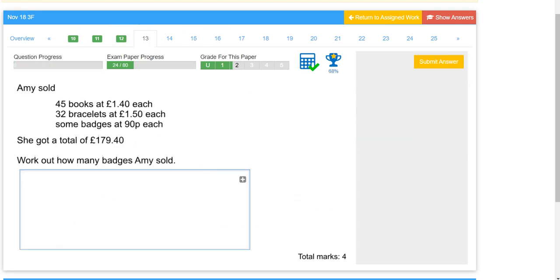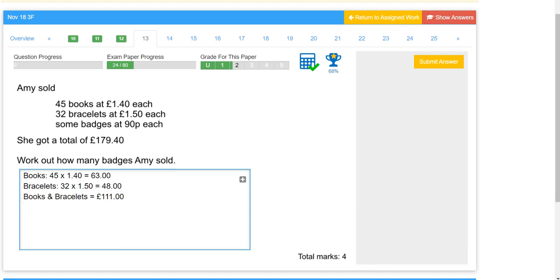Question 13. So this is a word problem. I need to work out the cost of the books. This is 45 lots of £1.40. I worked out the cost of the bracelets, 32 lots of £1.50. Add those together, and I get that that equals £111.